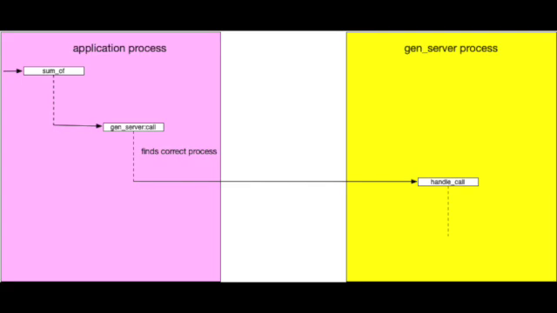Once it finds that process, it then will call handle call, which you saw in the examples as well and had explained to you. Again, we'll look at these again, but this is what is going on under the hood of this gen server call. It goes and finds the correct process, and then it calls the handle call method of that process and hands it all the data it needs in order to execute the correct stuff.